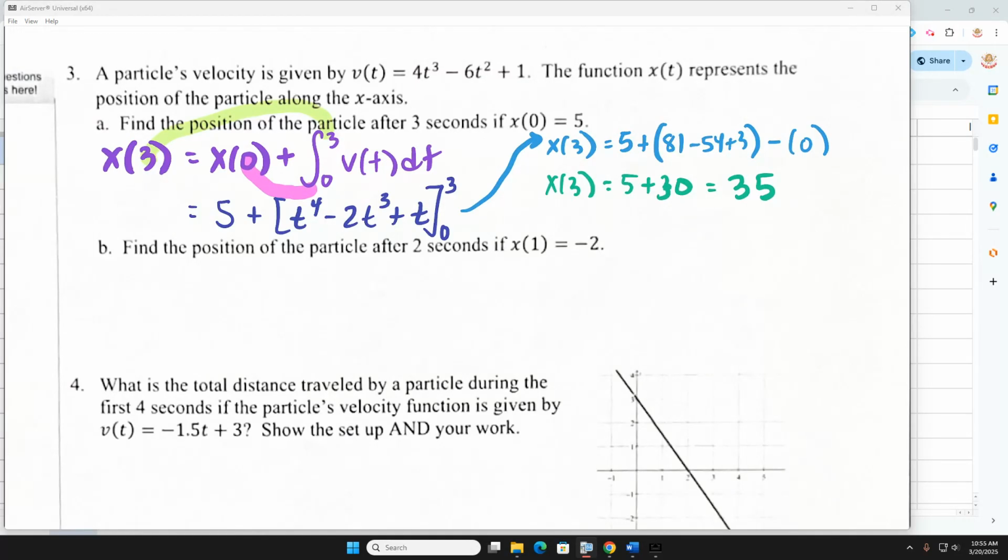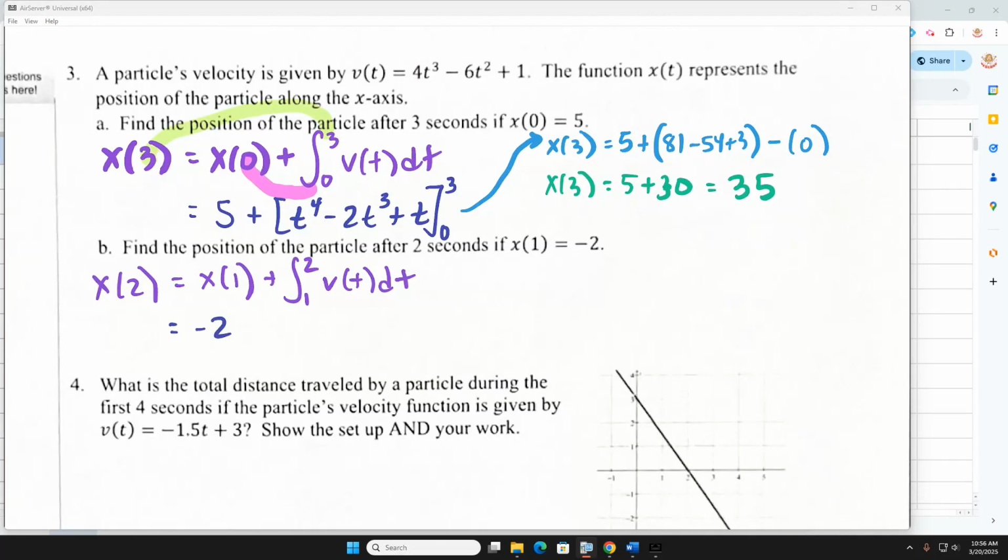So this time we want to know x of 2, and we know x of 1. Right, and then I'm just going to make this a -2.